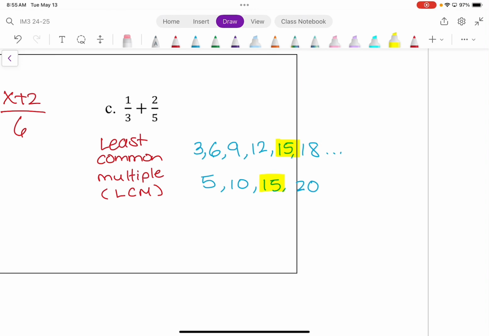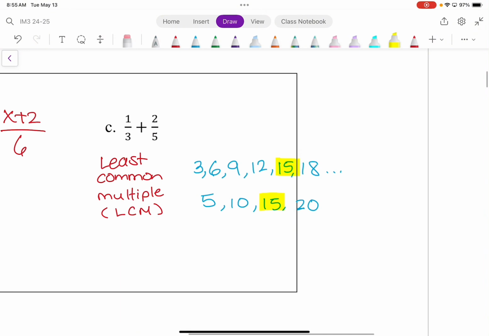So anyway, we identify the least common multiple, and we're going to label that our least common denominator. That means that we need a denominator of 15. So we want to turn our original fractions into equivalent fractions with a denominator of 15. Equivalent meaning you're going to find some number to multiply the top and bottom by to get a denominator of 15.